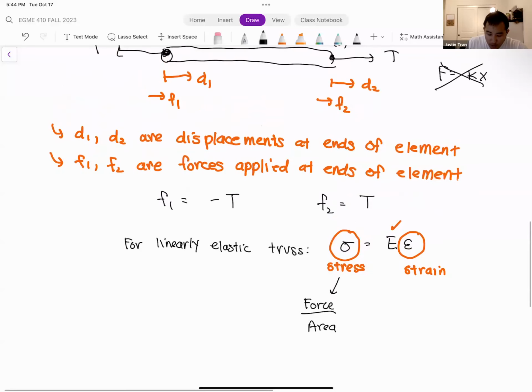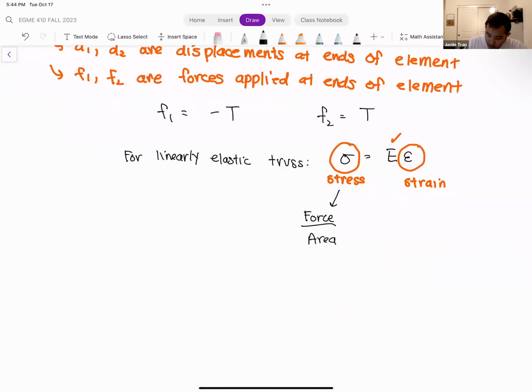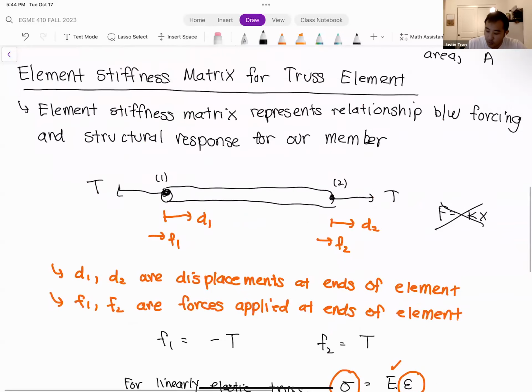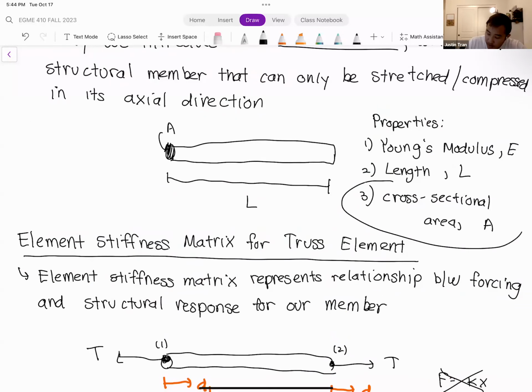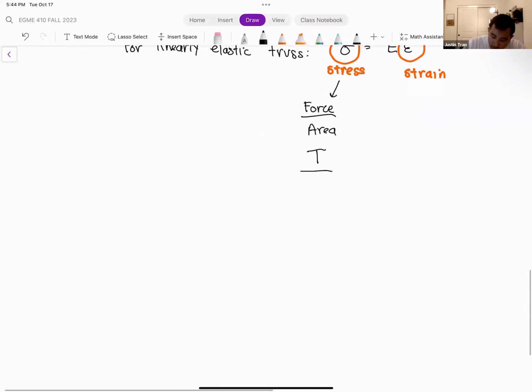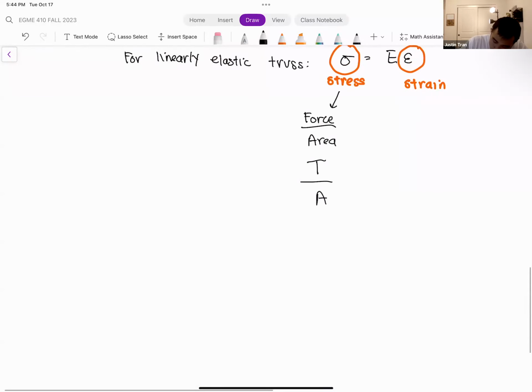For this problem, the cross-sectional force is given by the tension T, and the cross-sectional area is the cross-sectional area of the truss, which is one of the properties that we know about the truss element. So we're going to have T divided by A. This is equal to the Young's modulus, which is already known, so I'm just going to bring that down.